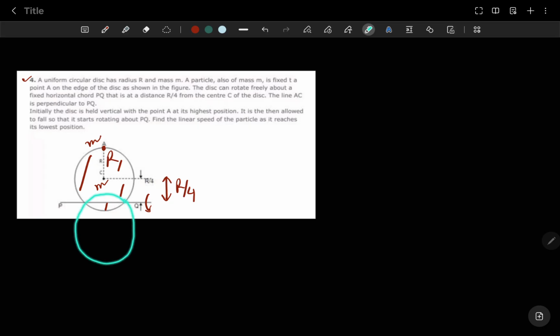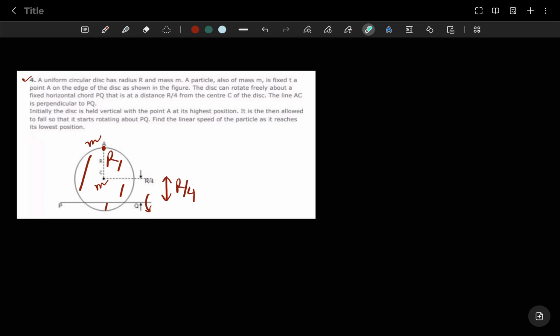The disk will be like this when it is rotated by 180 degrees about this axis, and the point particle will come here. So when it reaches the bottom, the numerical asks to find the linear velocity of this mass. Okay, fine. So how to do it?